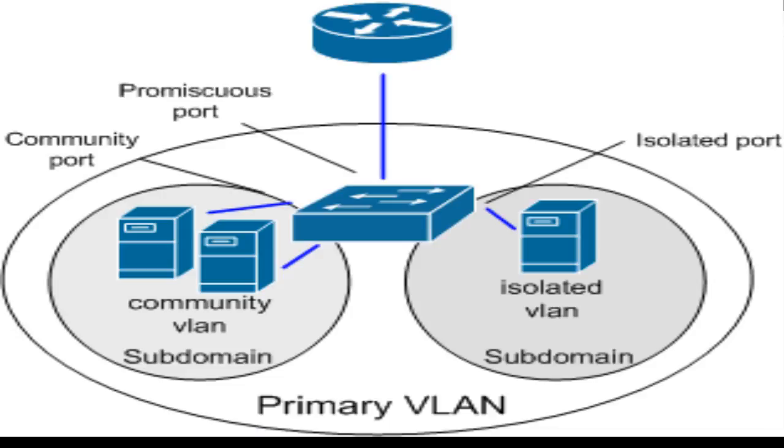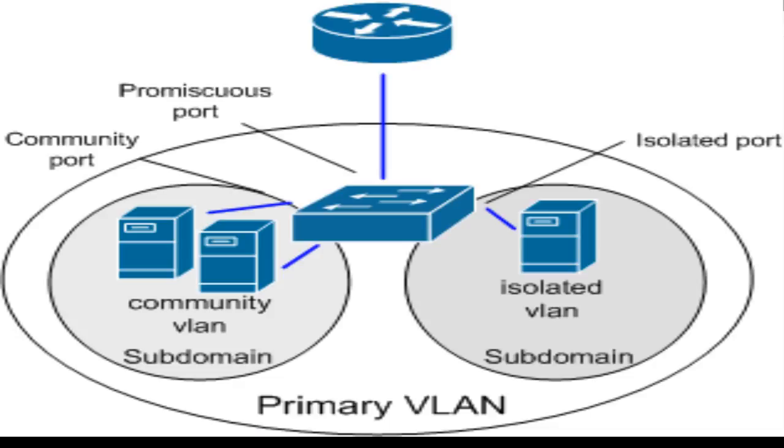So based on my topology over here, if I don't want DNS to talk to anybody in the network, I can put it in a port called isolated port. You understand? Which means that it can only talk to a promiscuous port. Who's a promiscuous port? A promiscuous port can be this port.